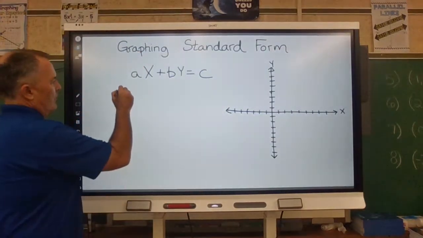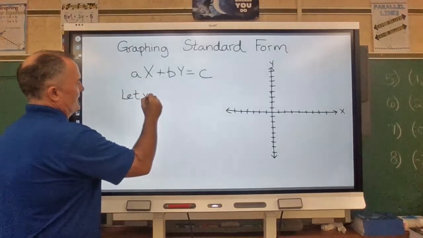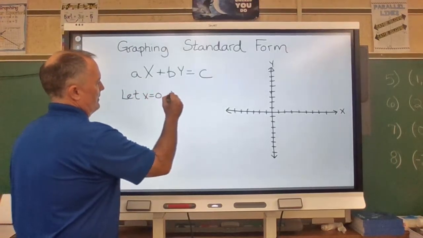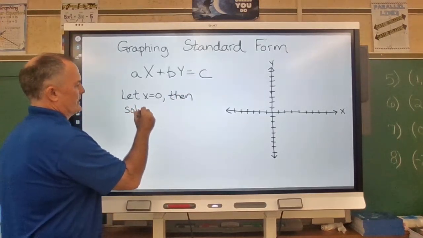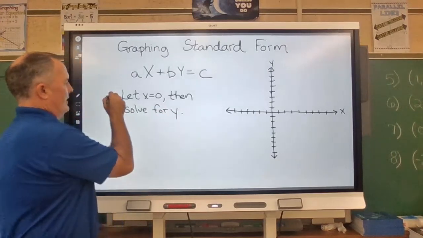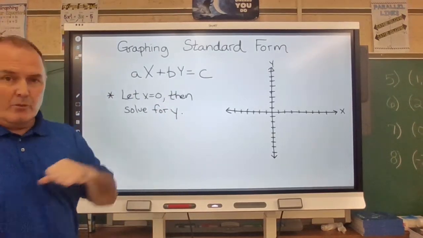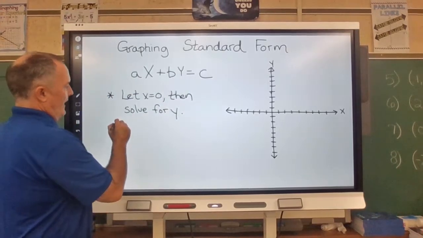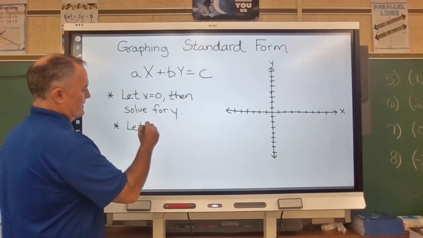And that rule is let x equal 0, then solve for y. Actually, it has like two little parts to the rule. So we're going to let x equal 0 and then solve for y. And then the second part of the rule is the exact opposite, or like the inverse.